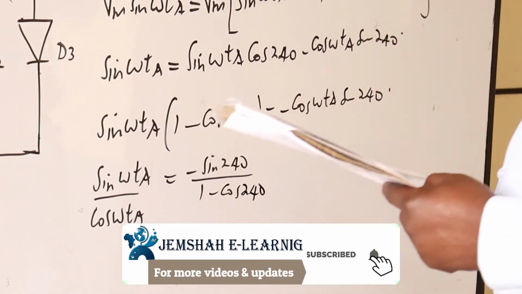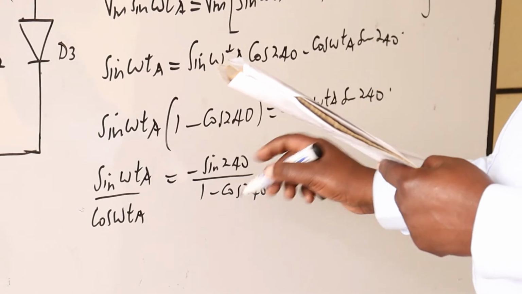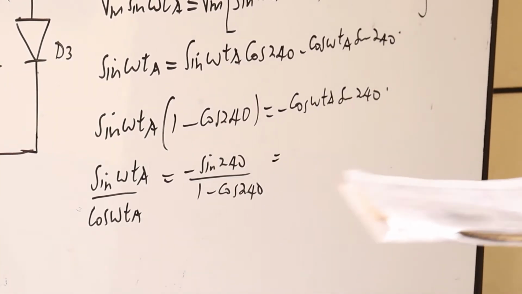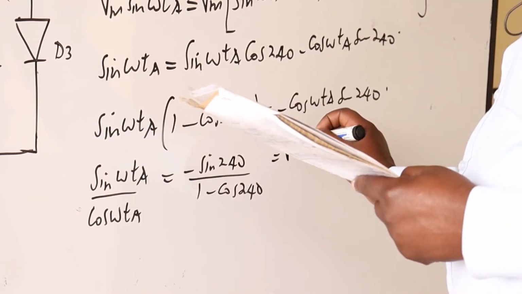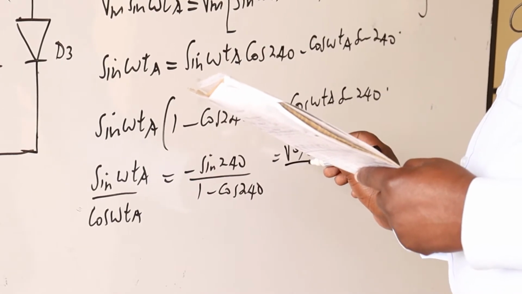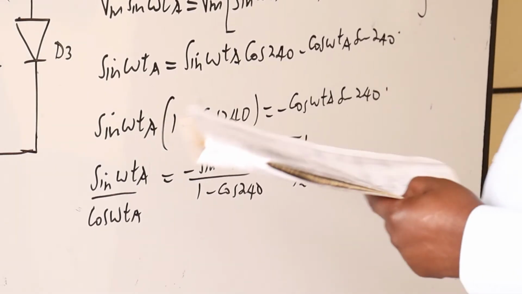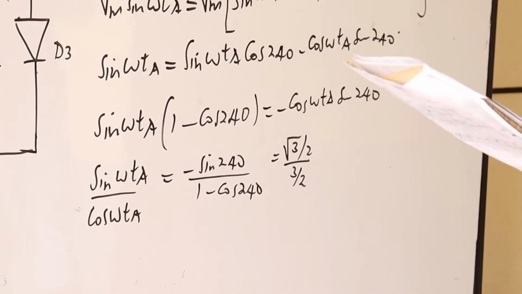If you simplify this, you will get root 3, that is sine of 240. So it will be root 3 over 2 all over 3 over 2. That is root 3 over 3.